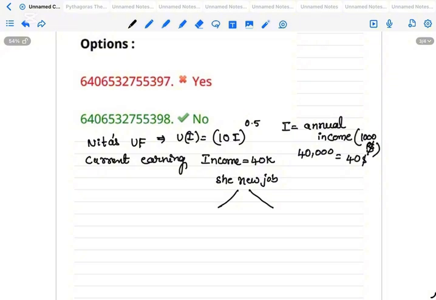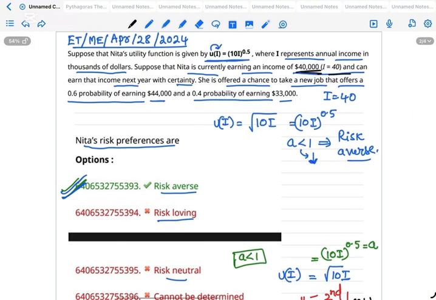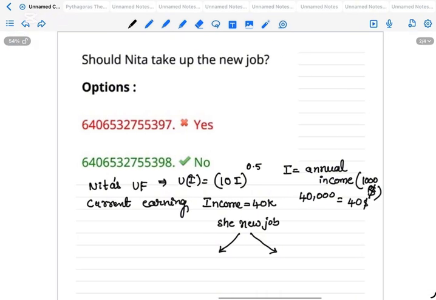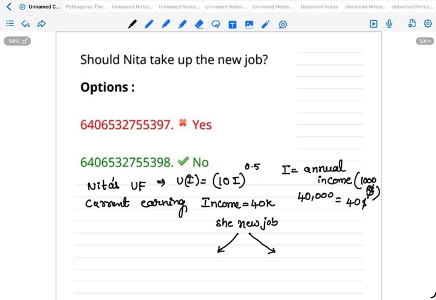There are two conditions given in the question. She is offered a chance to take a new job that offers a 0.6 probability of earning $44,000 and 0.4 probability of earning $33,000. Here the probability is 0.4 with earning income of 33k, and here the probability is 0.6 with earning income of 44k.